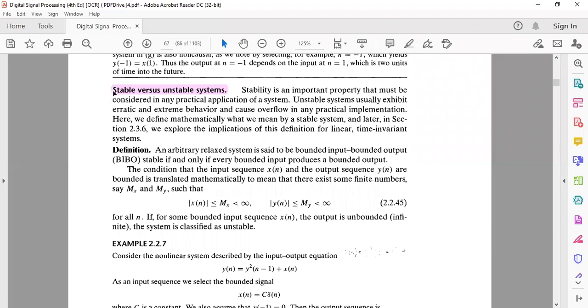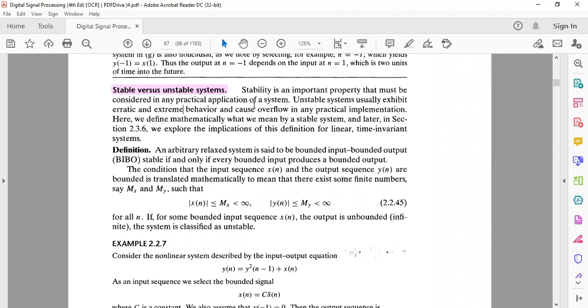The next classification we have here is stable versus unstable systems. A system can either be stable or it may not be stable. If we choose to define stability first, we say stability is an important property that must be considered in any practical application of systems. Systems definitely need to be stable.